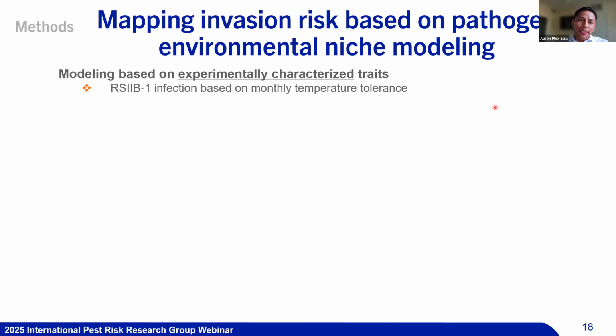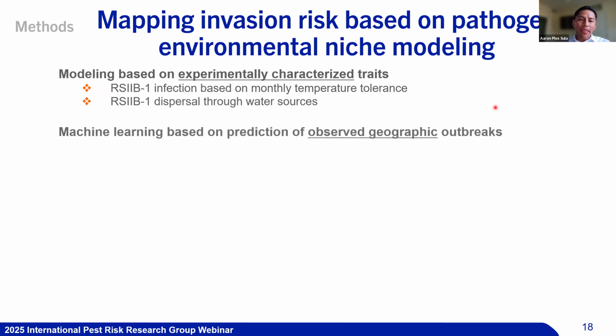For example, Ralstonia solanacearum phylotype 2V sequevar 1 infection is known to be affected by temperature, and this bacterium is known to disperse via irrigation sources such as rivers or lakes. And so for this specific bacterium, we used this information to develop maps of the potential distribution for this pathogen.